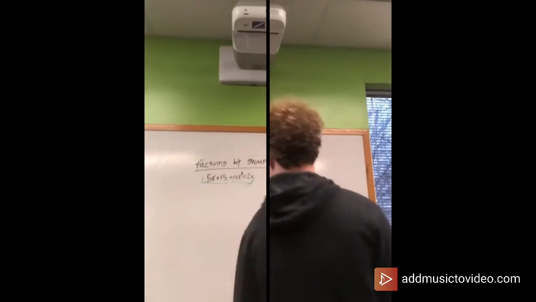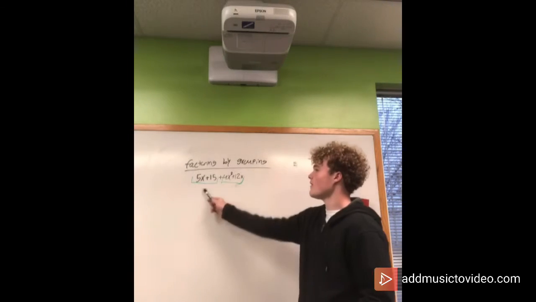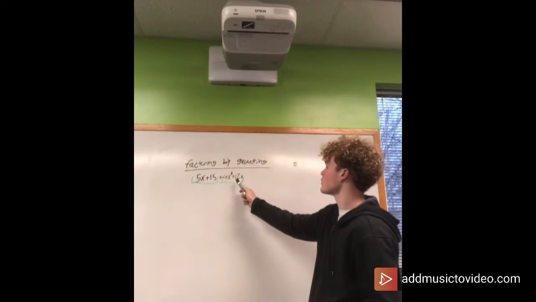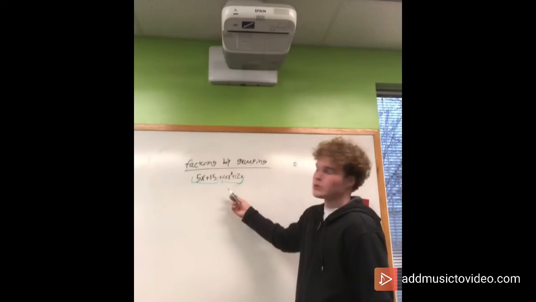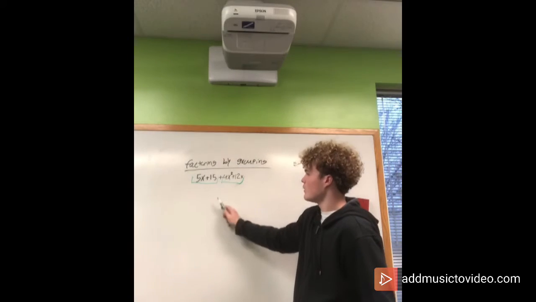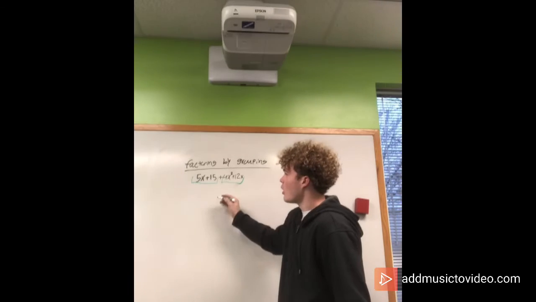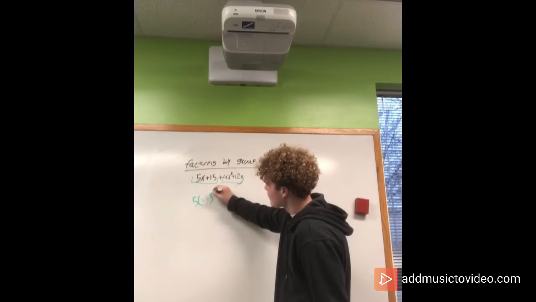And that is solve a factoring by grouping problem. First, you would get your equation, which is 5x plus 15 plus 4x squared plus 12x. You're breaking it into two groups, like I did right here, and you get your first group and find the GCF. The GCF for this one would be 5. If you take out 5, then you get x plus 3.